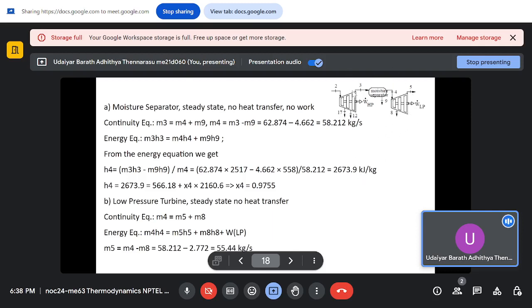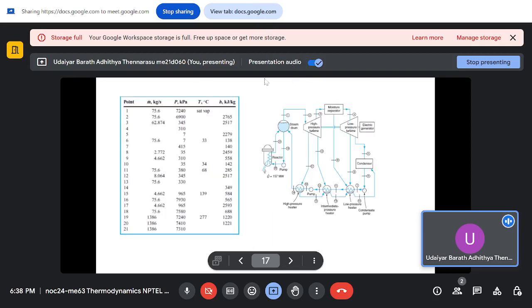Now we apply an energy balance across the moisture separator. There is no heat transfer and no work transfer, so it's just the enthalpy balance. M3 H3 which is coming in equals the exit streams M9 H9 plus M4 H4. So from the energy balance we can find the enthalpy at state 4.